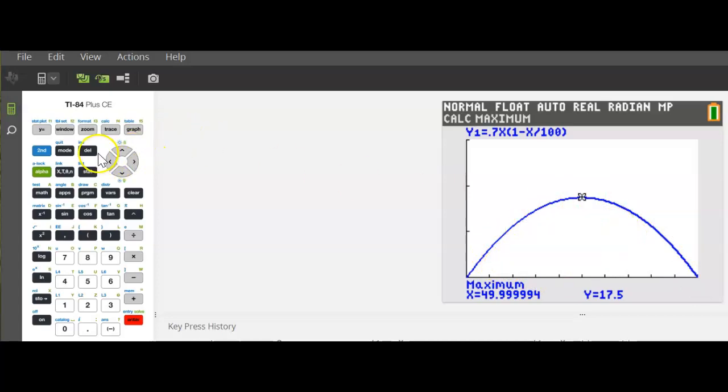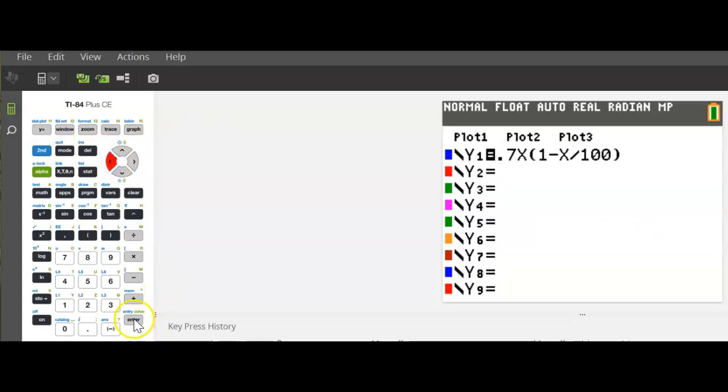Now let's look at what the solution looks like. I'll turn off the graph of the differential equation, and I'll set up a new graph for the solution to the differential equation.